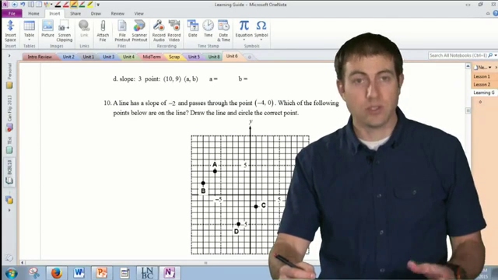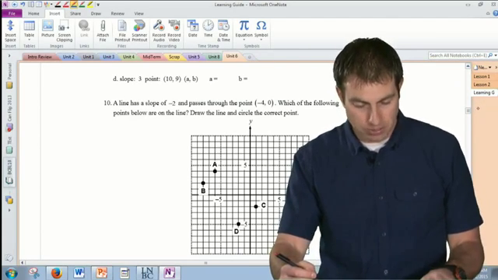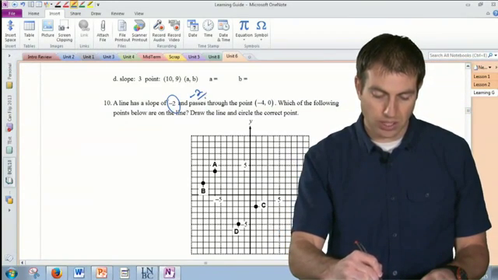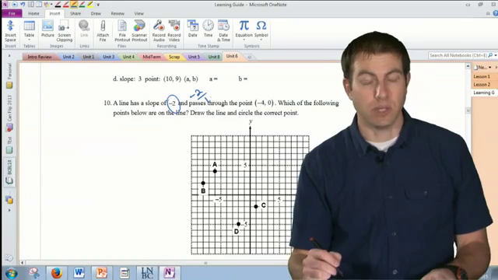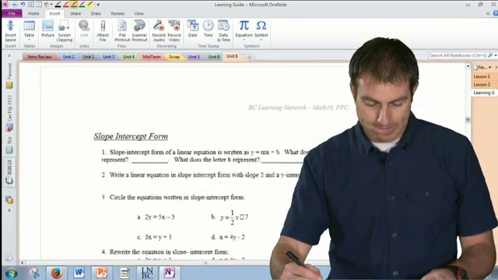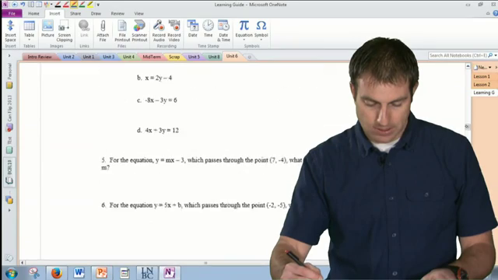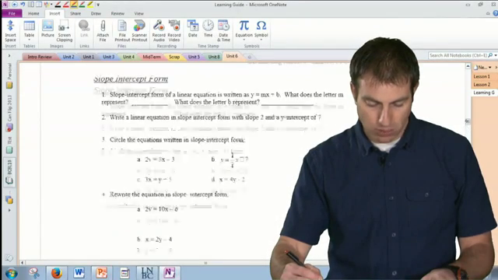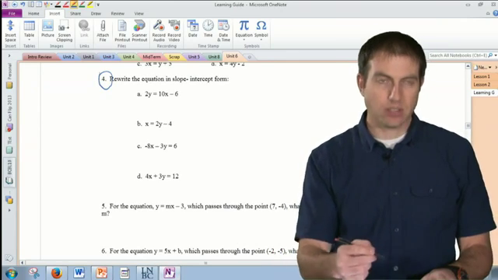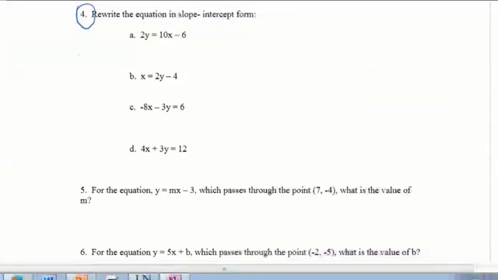Number 10 is really similar to the stuff we've been doing, except it says a slope of negative 2. Remember, negative 2 is negative 2 over 1. So you might want to just change that. Might make your life easier. Slope-intercept form, you should be good. Number 4 is just asking you to rearrange it, so you're going to solve for y.